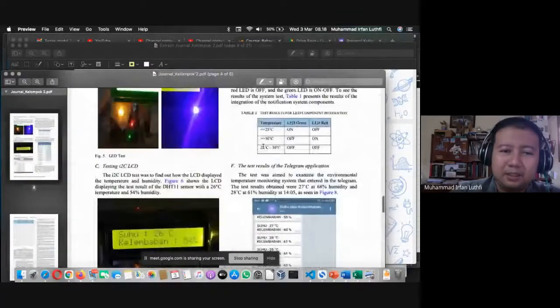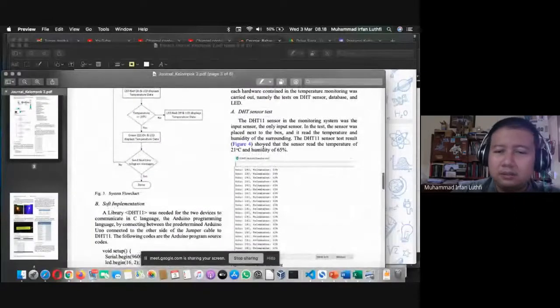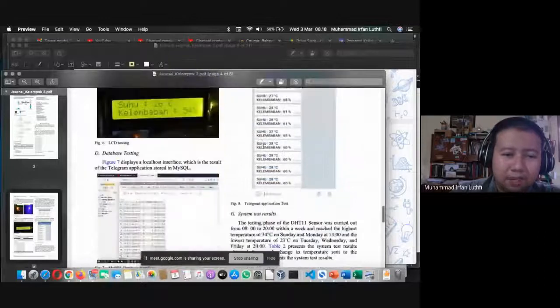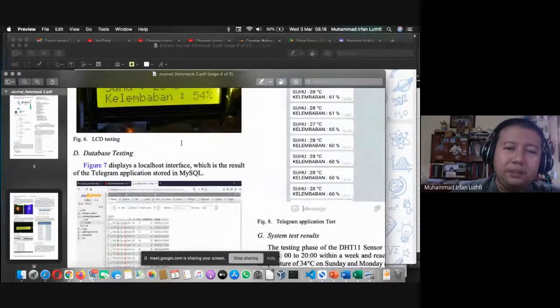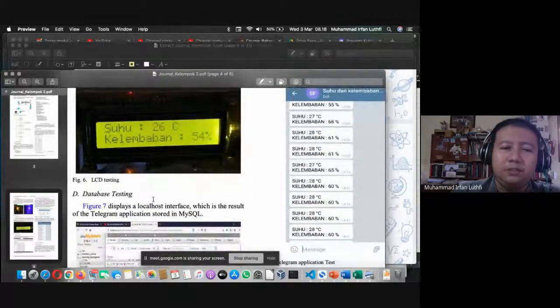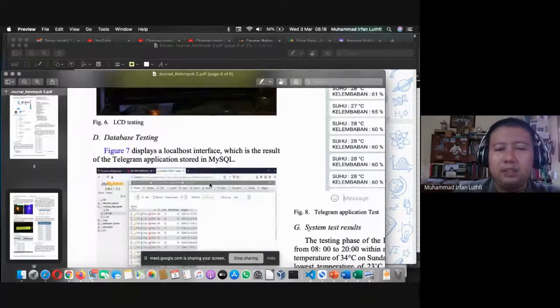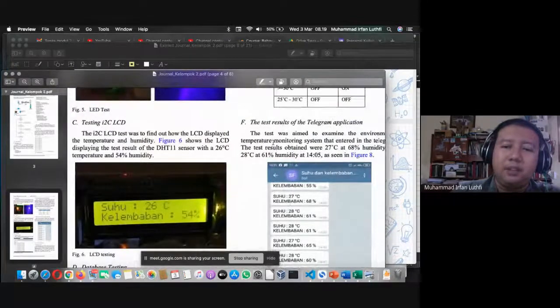The explanation is okay. They try to explain more clearly, but when we arrive at the internet part, from the system to the internet, we don't find any information about how to transmit the data from the Arduino to the internet, because they just use the localhost from the local computer, and they use Telegram.